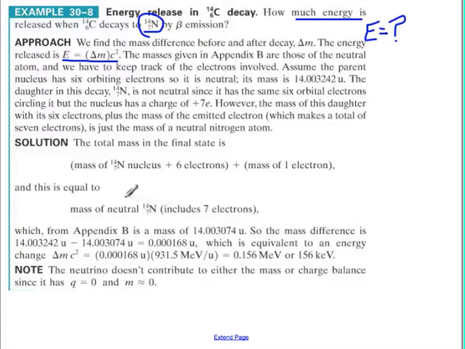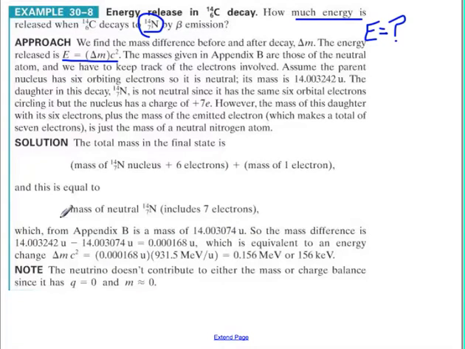Okay. All right, so this is equal to the mass of the neutral nitrogen. I don't even think you really need to think about this. This is just them saying it is actually equal to the neutral nitrogen nucleus, even though that's not what is actually happening. So, of course, 6 plus 1 is 7. So they say from Appendix B, the mass of this product is going to be this guy.